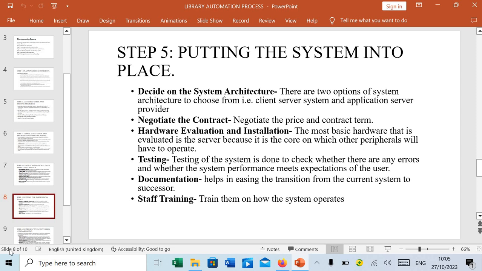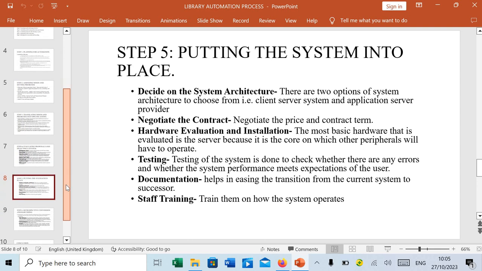Then you test. Then there is documentation, which is supposed to help you ease the transition from the current system to the successor. Then the staff training, whereby you make sure that the staff are trained on how to use this particular system.